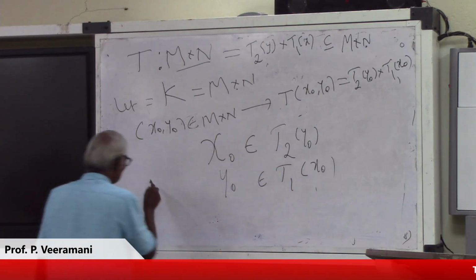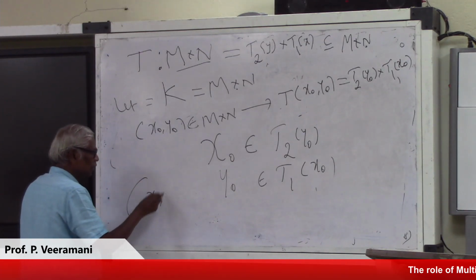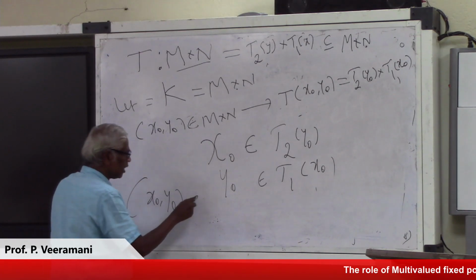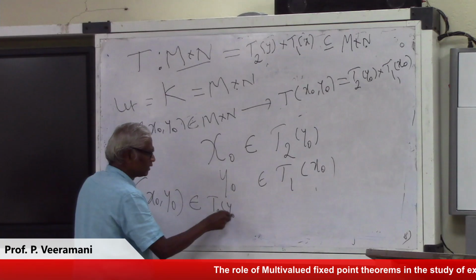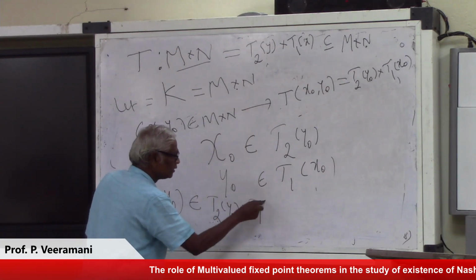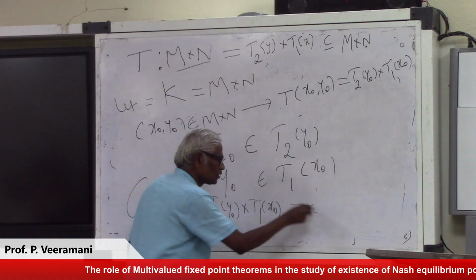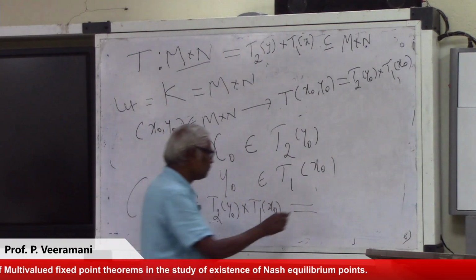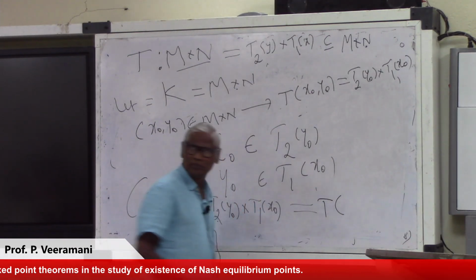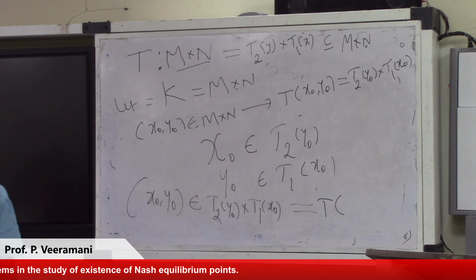That means the ordered pair x naught, y naught belongs to T2 of y naught cross T1 of x naught. This is equal to what? T of x naught, y naught.